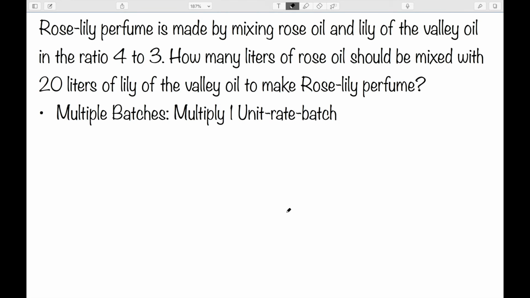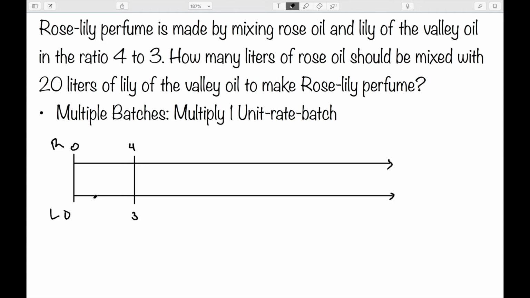Next, I'm going to consider the multiple batches perspective with the method known as multiply one unit rate batch. The idea is to start by finding how much rose oil we would need for 1 liter of lily oil. Here I have my double number line. We know that 3 liters of lily oil require 4 liters of rose oil, and if we break this into 3 pieces evenly, this would be 4/3 and 8/3.